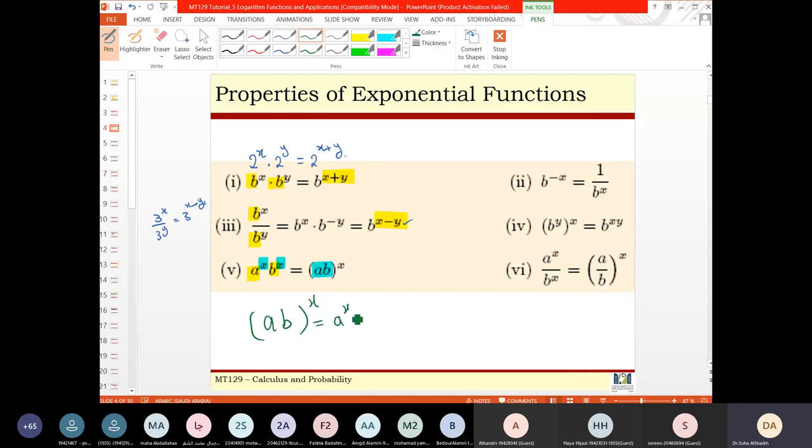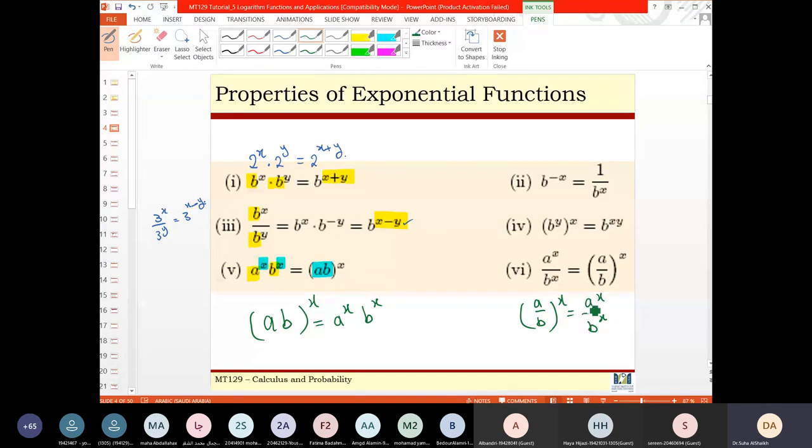This is the same as A to the power X times B to the power X. I can distribute. And I can combine if I have to. I can put them together in brackets and say power X. Same thing for the division. If I have A over B all to the power X, I can distribute it like A to the X and B to the X.